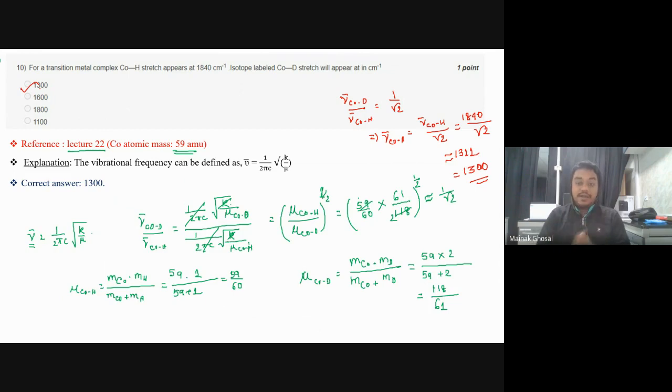You have to find mu of COH and mu of COD, with the other isotope of CO and of H, and from that you will get the frequency of the isotope-labeled compound.